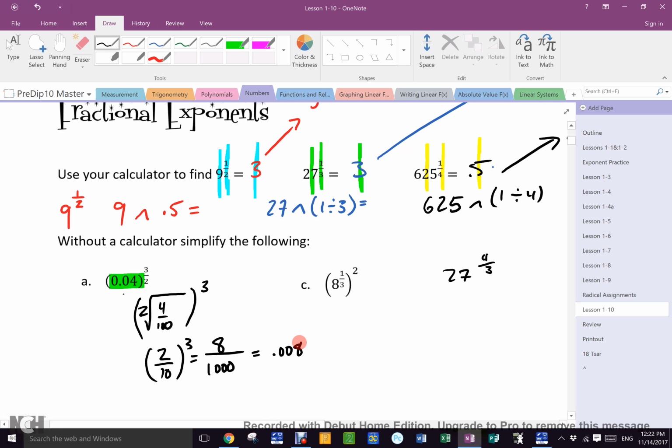Everybody see? Now, if you were to punch that into your calculator, which would be 0.04 exponent button, bracket 3 divided by 2, equals, you would get 0.008.